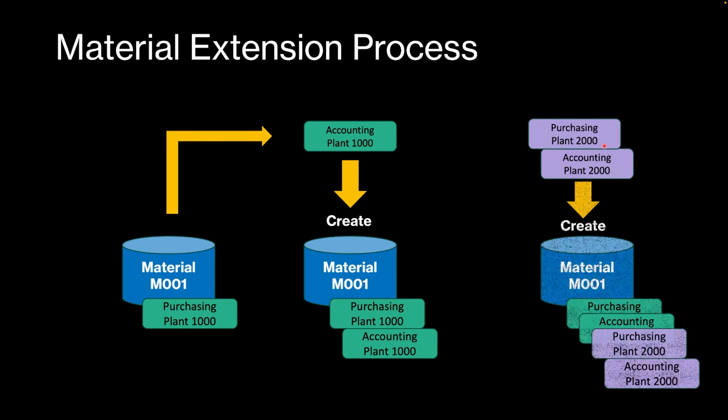So you can see here, this is also a creation process. And once you create these views for plant 2000, then you will also have these two views available for this particular material. So now this material M001 has purchasing and accounting view for plant 1000 and purchasing and accounting view for plant 2000. So the creation of a material will happen once only. When you create a material, you will select those views and enter those organizational elements.